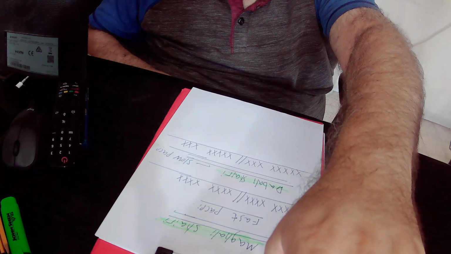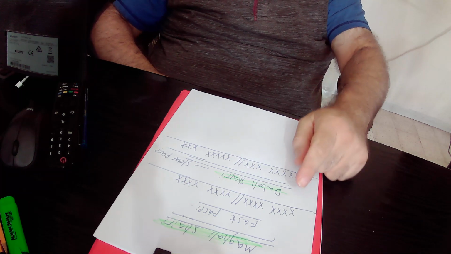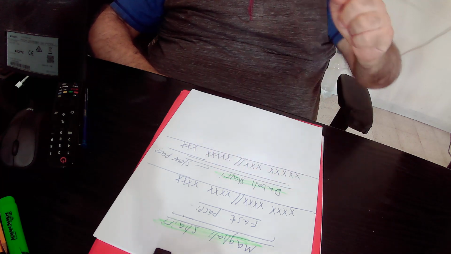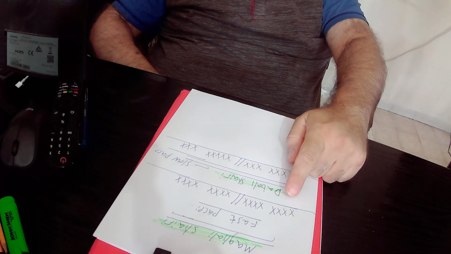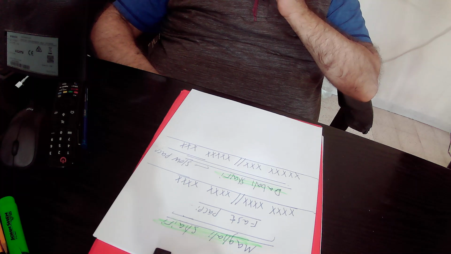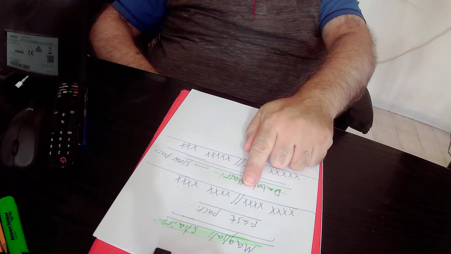In Magali shairi, the line is broken into 4 segments, 1, 2, 3, 4, and each segment consists of 4 syllables. 4 plus 4 plus 4 plus 4, and we have a break or comma after the second segment.